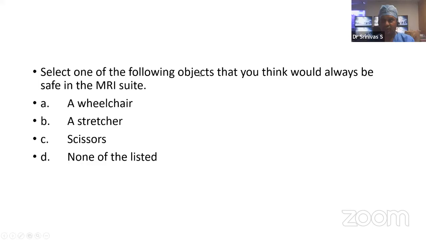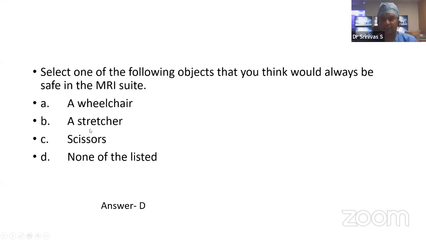So select one of the following objects that you think would always be safe in the MRI suite: a wheelchair, a stretcher, scissors, none of the listed. A stretcher would be safe in MRI. Some are saying that it is B. No, the answer is D. So none of them are usually allowed into an MRI suite, because these are metal structures, and metal structures can't be taken into MRI.